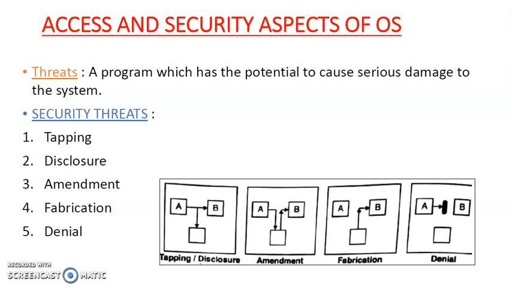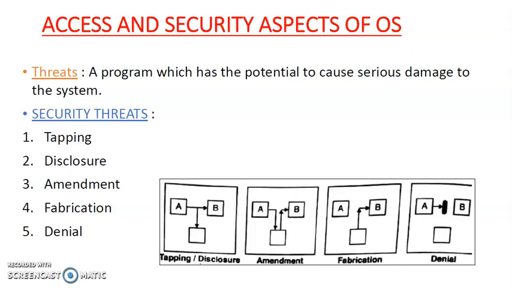Then the next term is integrity. It means the information is not deleted in an unauthorized manner. And the third one is availability. The information is available to an authorized user at the right time. Okay. So the operating system also provides security with the help of these three aspects.